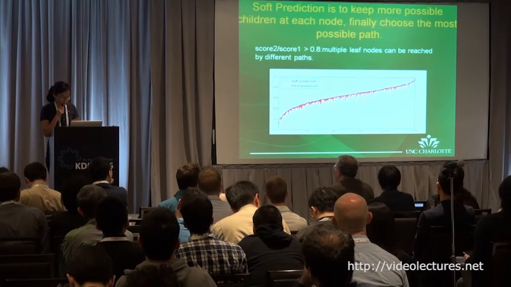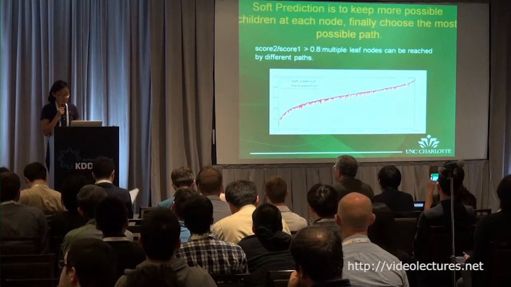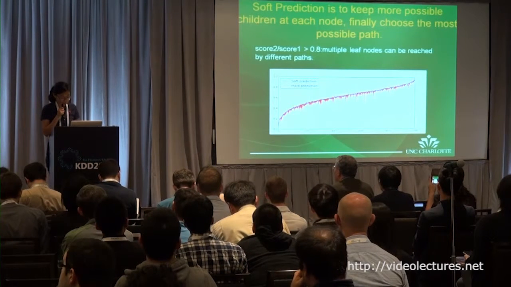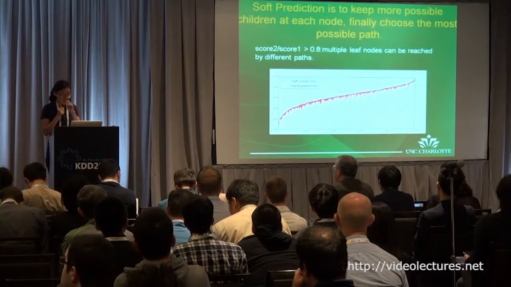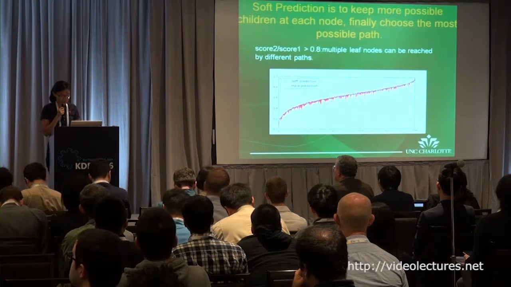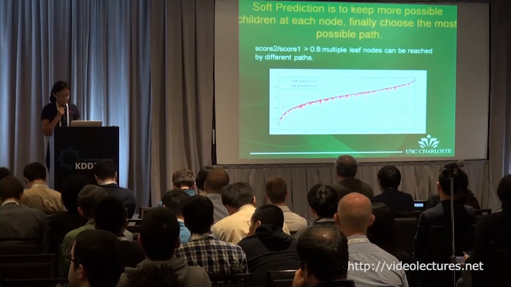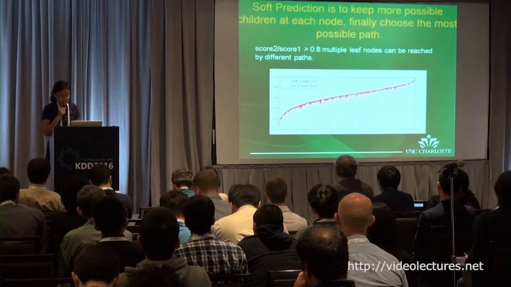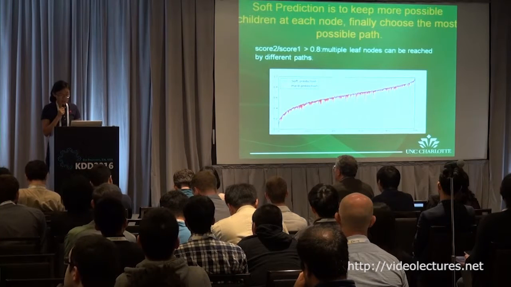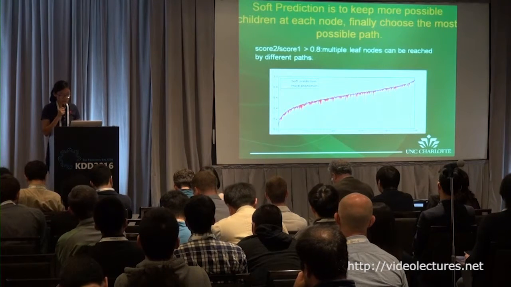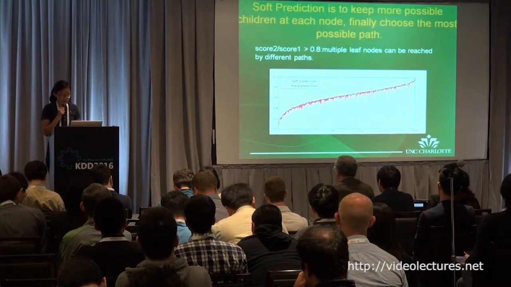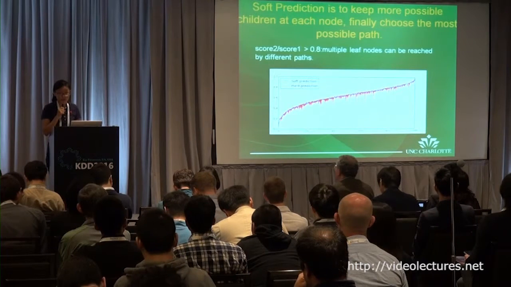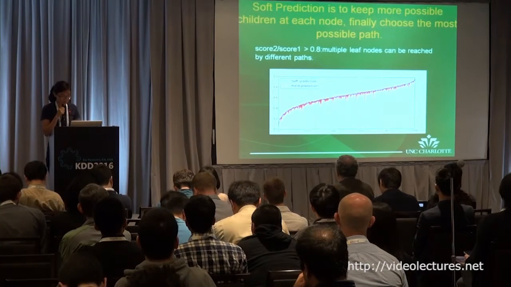In my experiment, I choose 2 children on each node when the probability of the second child is more than 80% of the first child. And if the image reaches the leaf node and we have multiple paths, I will use the leaf node probability to choose the most possible path for the result.